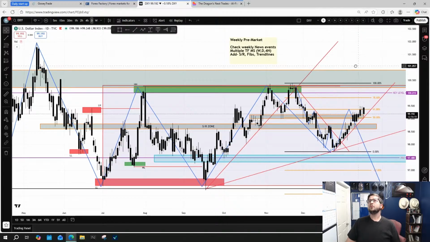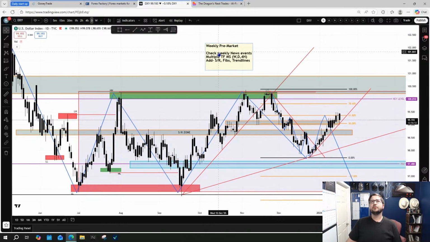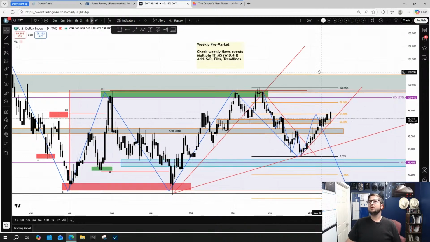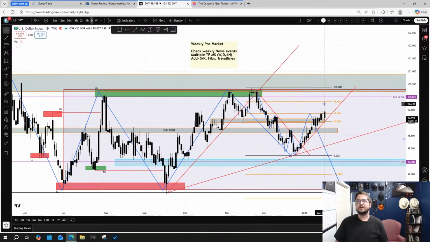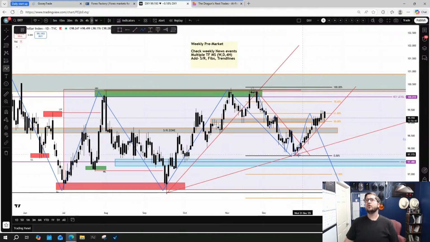So DXY, we're going to start with the pre-market. This one's very fast because we already did yesterday's. We are currently pushing in this overall uptrend, and we're starting to find that resistance level.